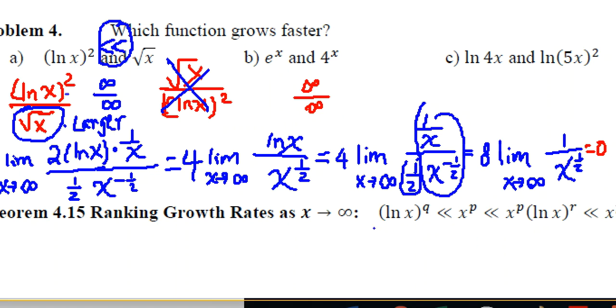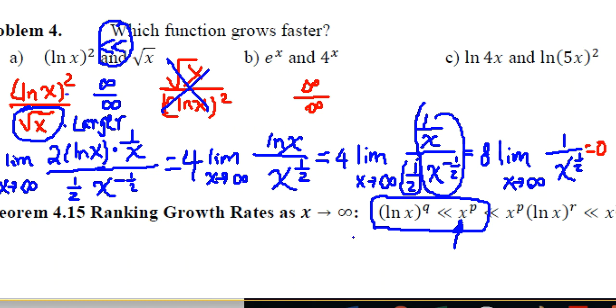I would like to point out this result. This is the theorem that follows these examples. Do you see that p and q can be any real numbers? So a power function x to the power p always grows faster than the natural log raised to any power.